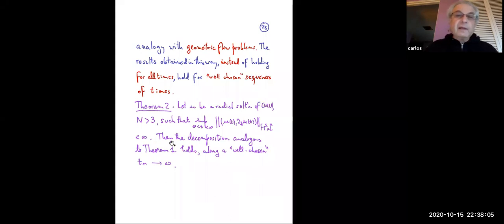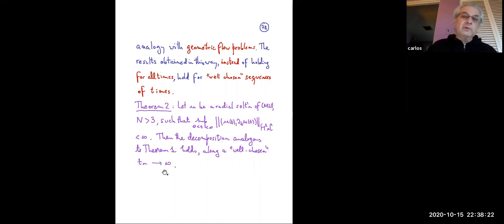So the first result is this theorem 2 that says that if we look at bounded solutions that exist for all time of the nonlinear wave equation for n bigger than 3, then this decomposition holds, but only along a well-chosen sequence of times t_n.